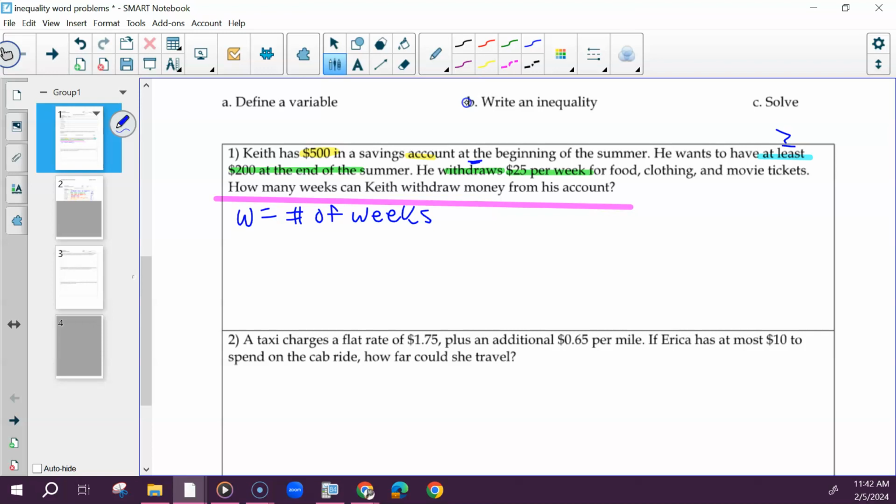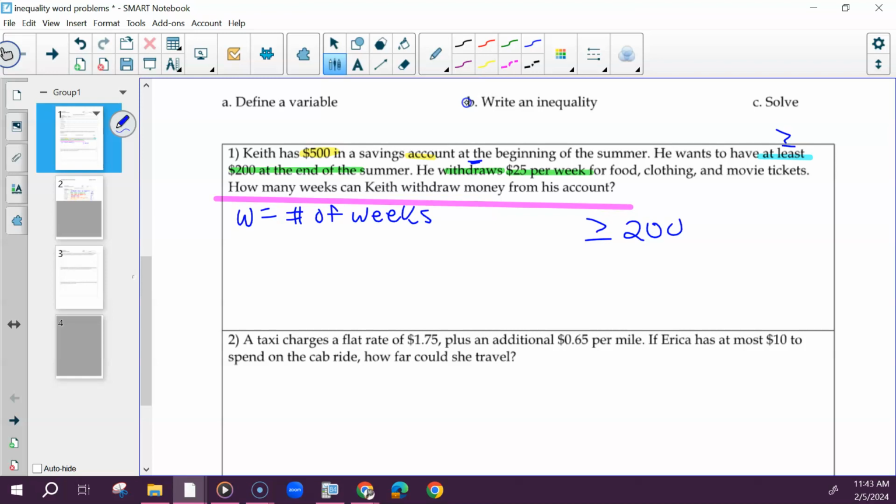Okay, and then there's just one thing. Whenever you have your inequality word, it'll be right next to the number that it's going to be greater than, less than, whatever. So greater than or equal to 200. He wants to have 200, but if he has more than that, that's great. But he doesn't want to have less than that.